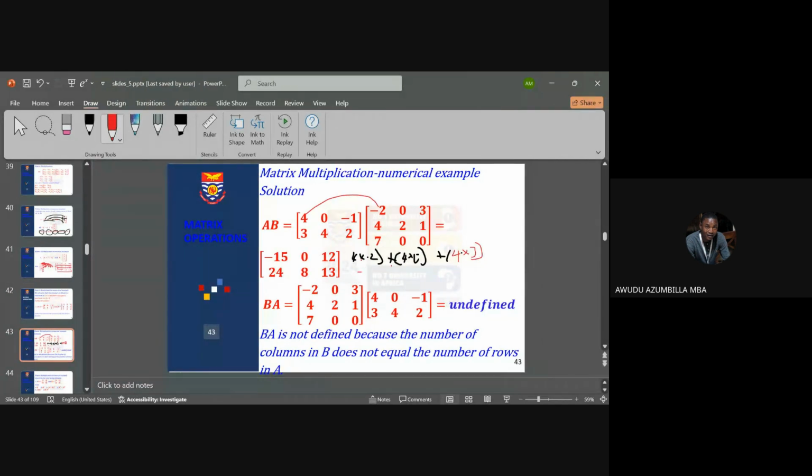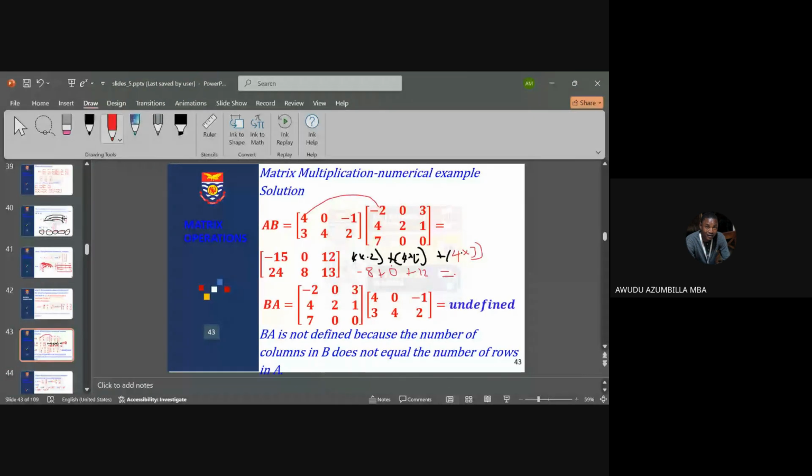So this 4 by -2 gives -8, plus 4 by 0, plus 12.